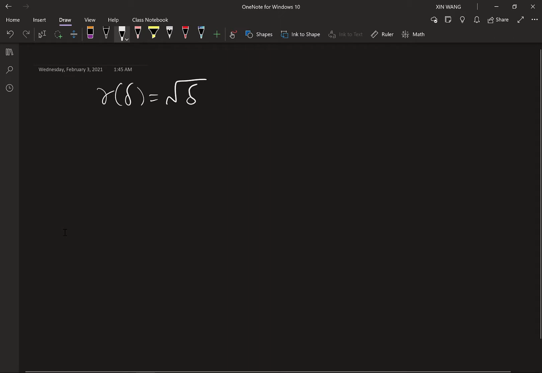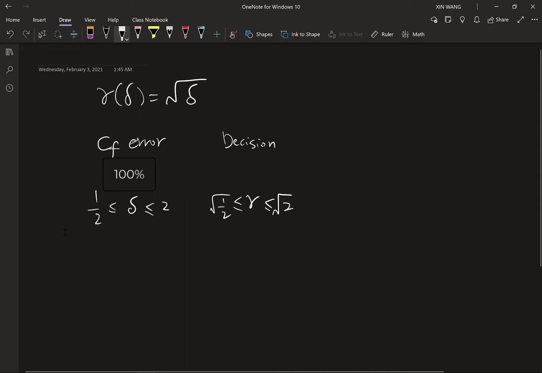This indicates the impact of the fixed cost is even less sensitive than the impact of the decision variables. For example, if the error is 50%, that means delta belongs to 1/2 to 2. Under this case, our decision error, gamma, is greater than or equal to square root of 1/2 and less than or equal to square root of 2. This gives us around 0.7 to 1.4.